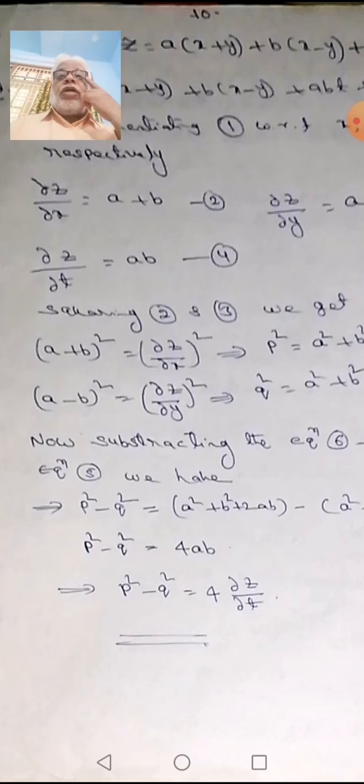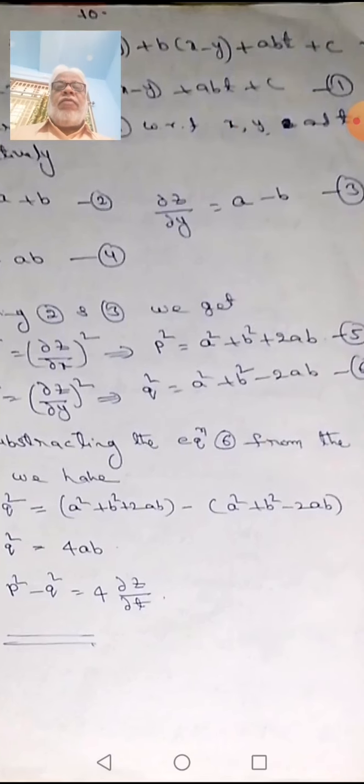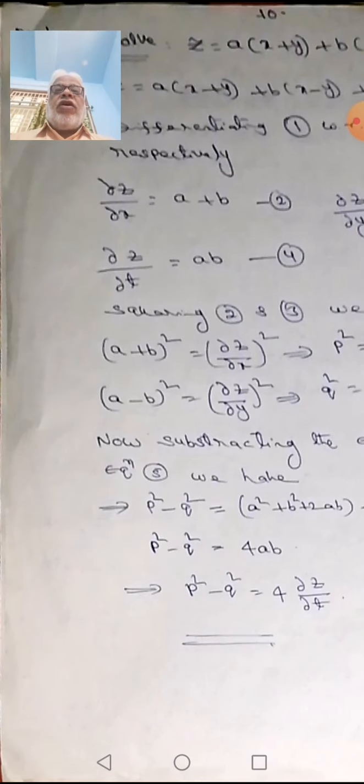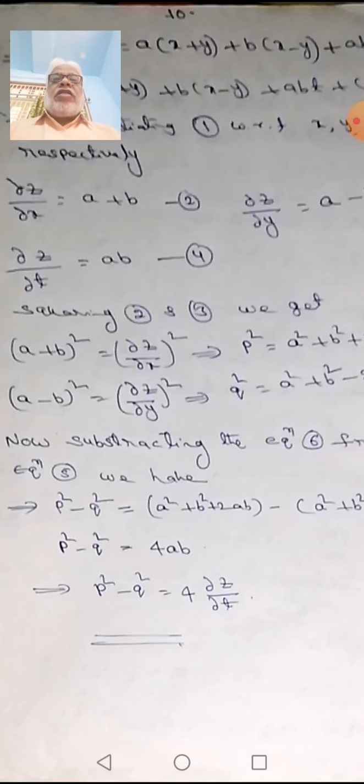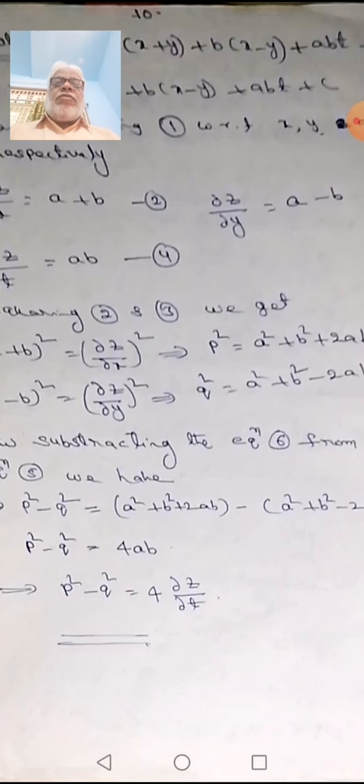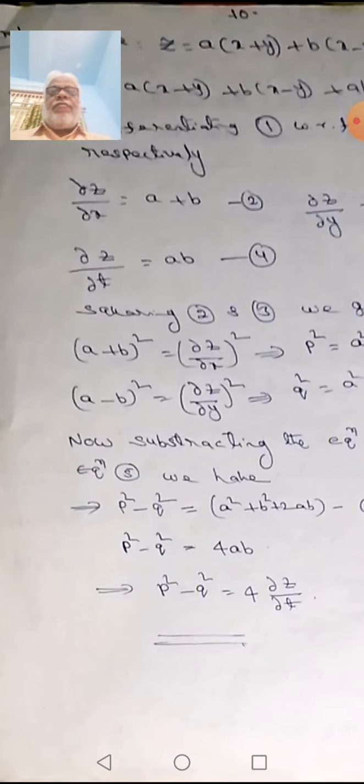So ∂z/∂x we got a plus b, and ∂z/∂y we got a minus b. What are the y terms? That is ay minus by, which is ∂z/∂y, nothing but a minus b.